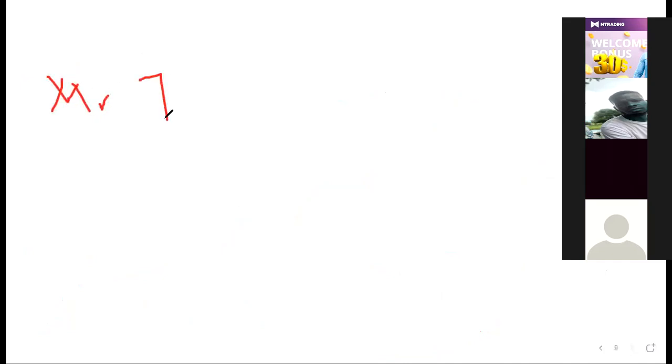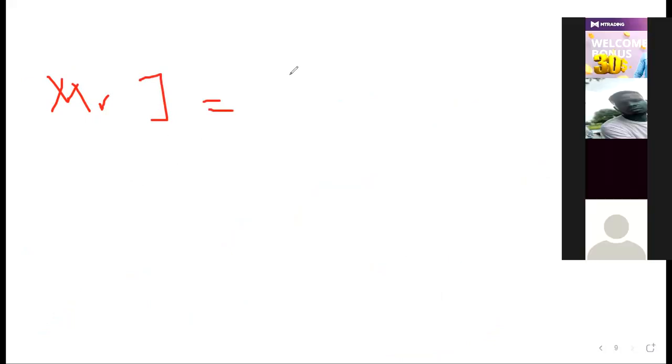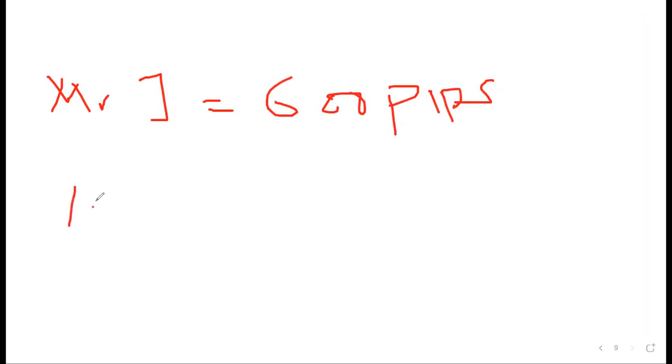So let's imagine that Mr. J actually made 600 pips using 0.6 lot. What's the value?